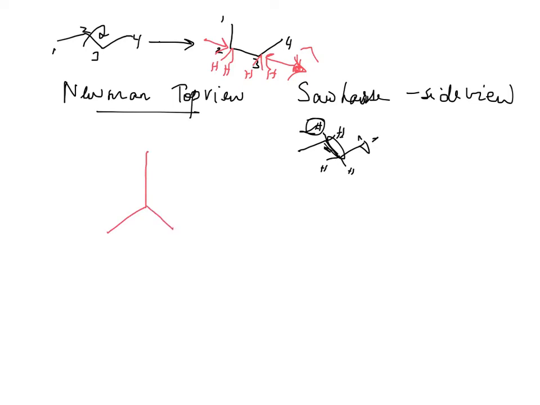should contain a methyl group on top, a hydrogen on the side, and a hydrogen on the other side. Recall that the front carbon is the small little atom, and the back one is the larger atom. And so if you have the two hydrogens like that, the methyl is going to be on top.